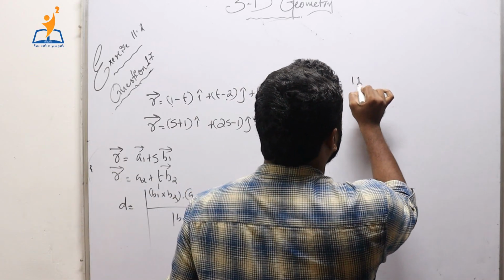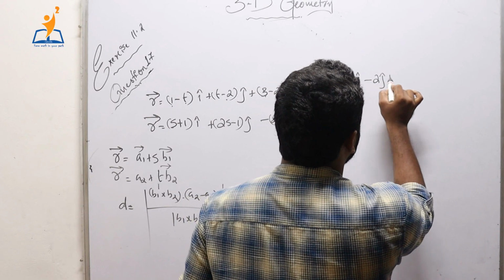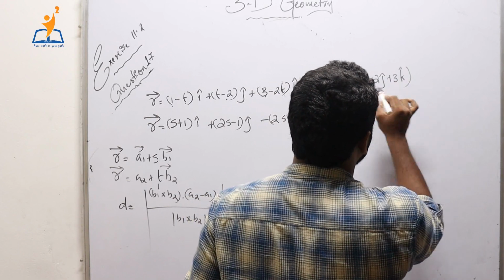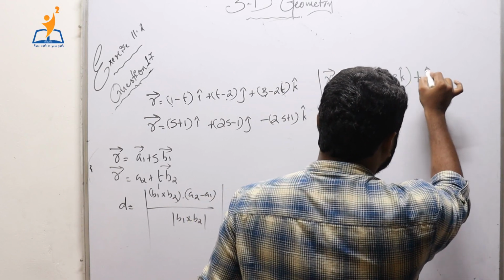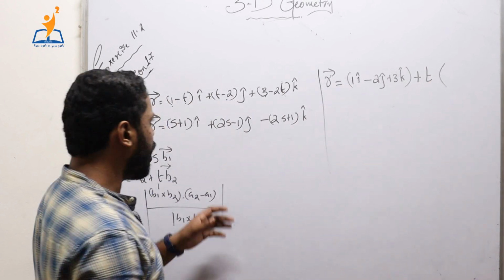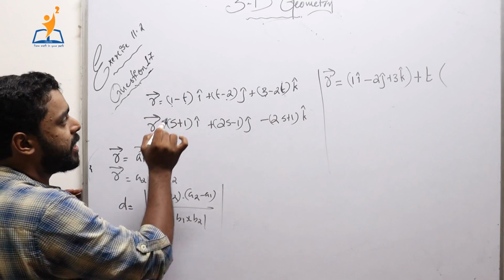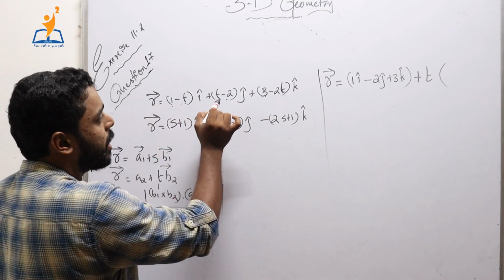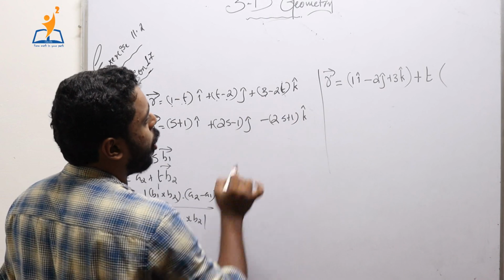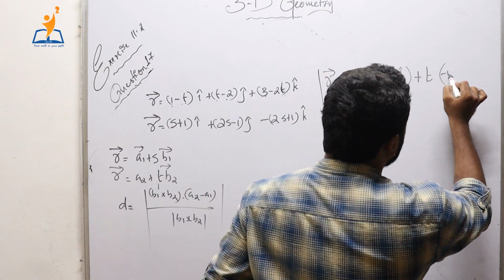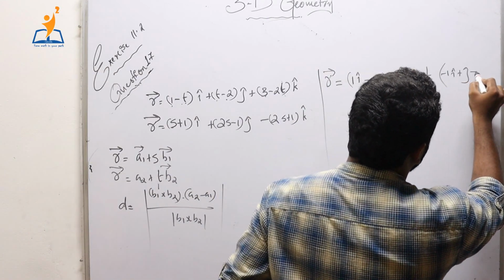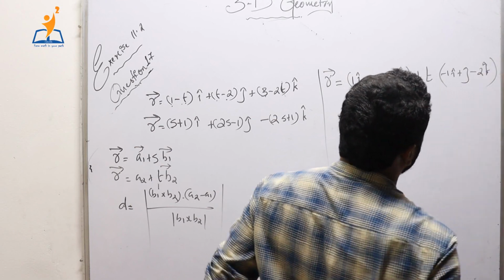So 1 i cap minus 2 j cap plus 3 k cap will be a1, plus t into. Now we are going to find all the terms with the coefficient t. Here we have minus 1, here we have 1, here we have minus 2. So minus i cap plus j cap minus 2 k cap will be our b1.